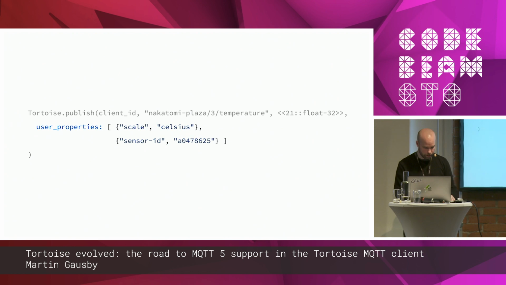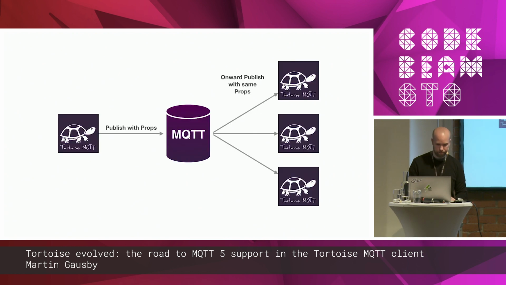This is pretty good because we just publish with the properties, and the MQTT server will treat it as an opaque thing that it just sends to the other clients connected to the server, listening on that topic.